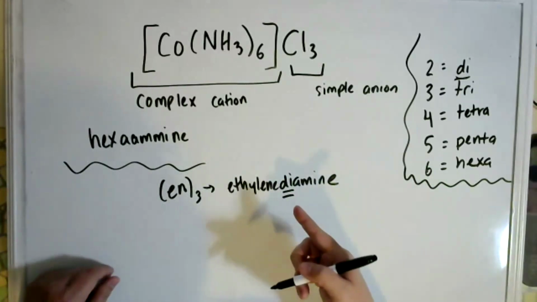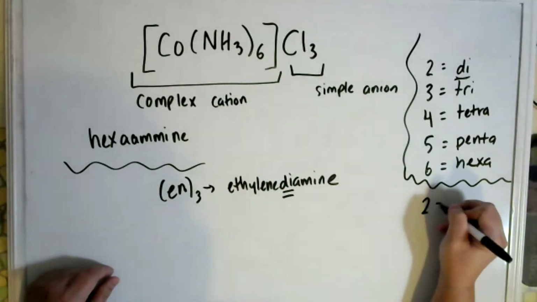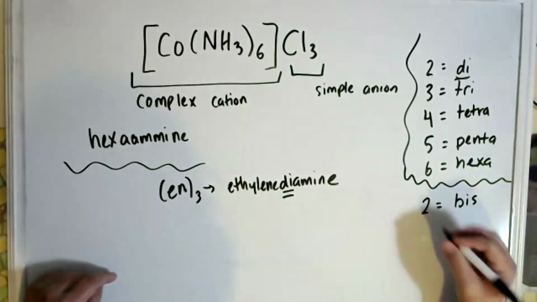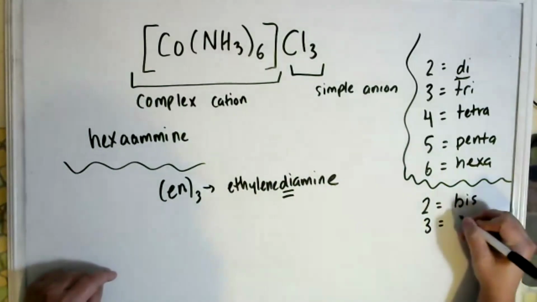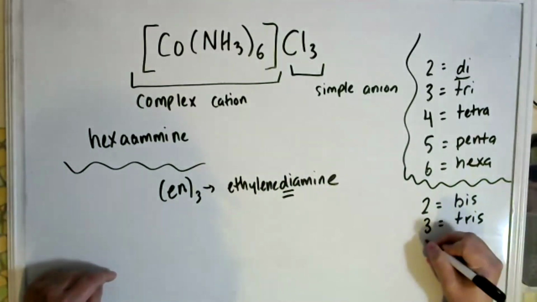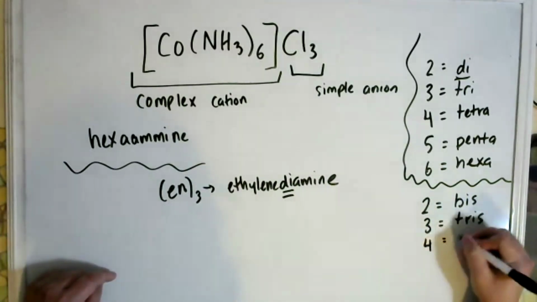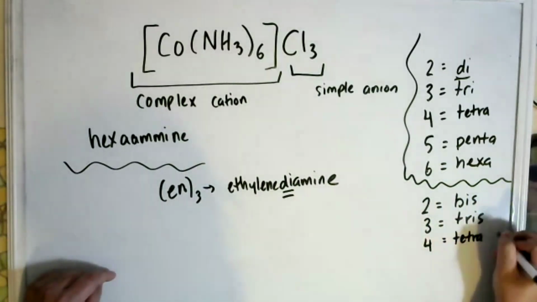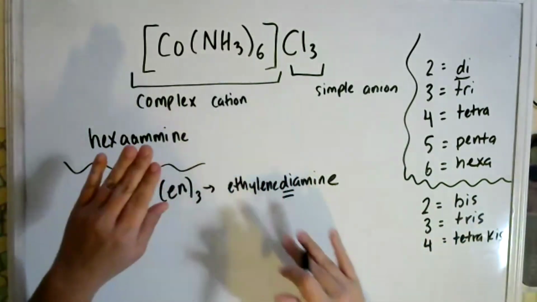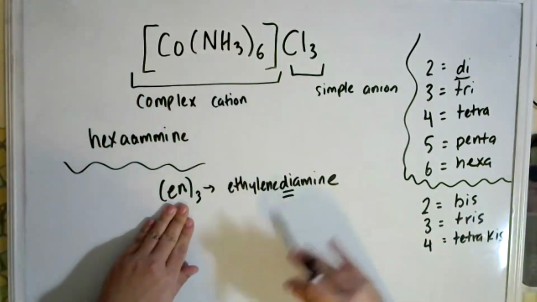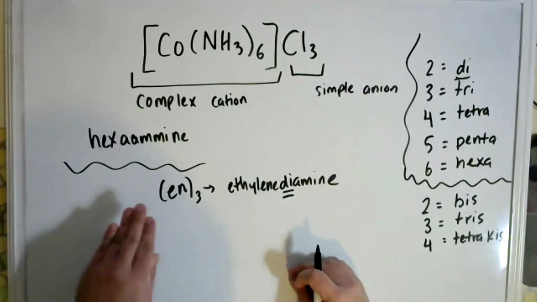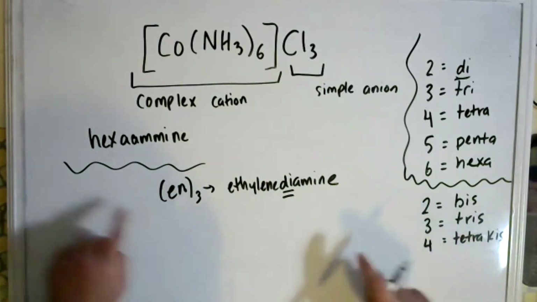If we have 2 ethylene diamines, the prefix that we're going to use is bis. 3 is going to be tris, for any Witcher fans. And then 4 is going to be tetrakis. So if I had a cobalt with 3 ethylene diamines attached, the way that I would write out the prefix, I would say tris.